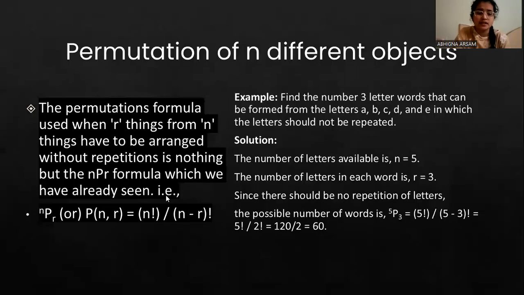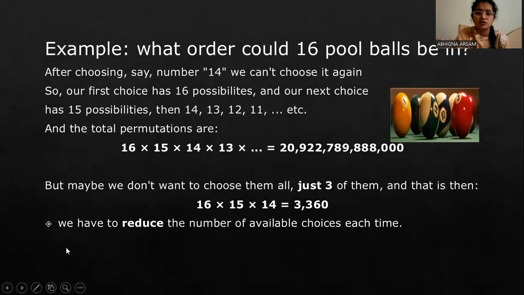Let us discuss another example on this topic. What could be the order of 16 pool balls? That means we are given 16 balls, each labeled with a number from 1 to 16. So our first choice will have 16 possibilities.